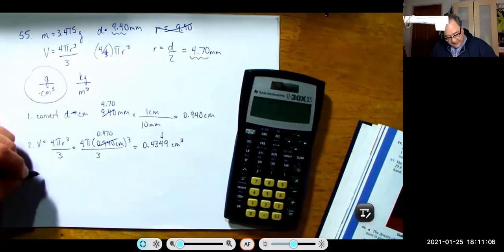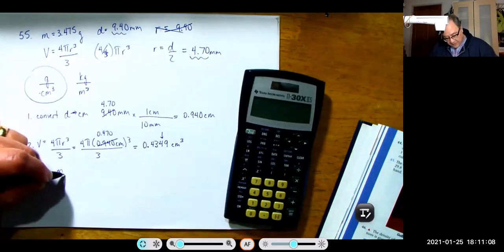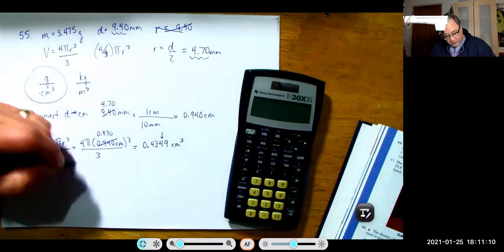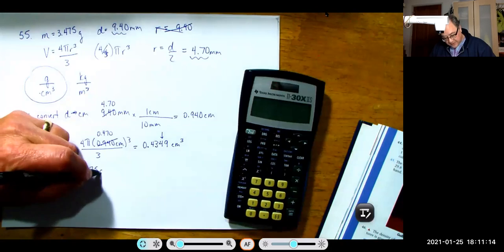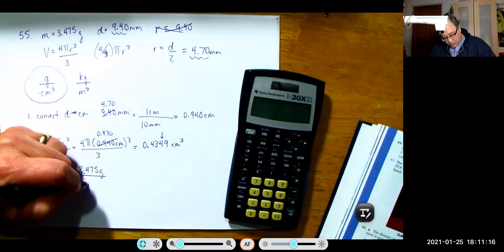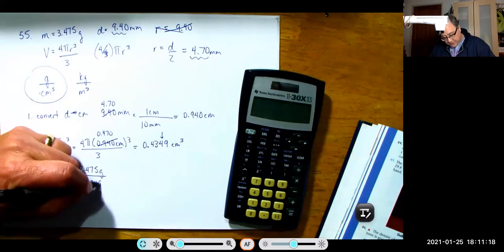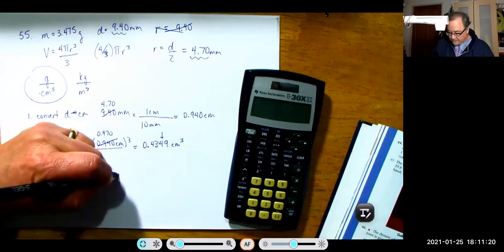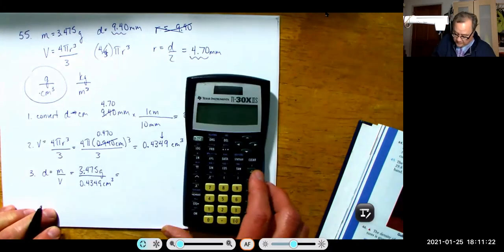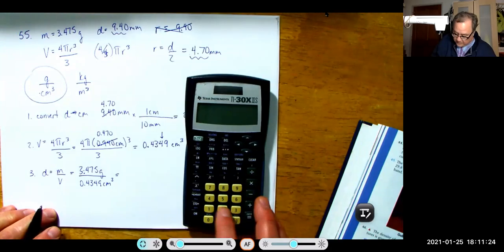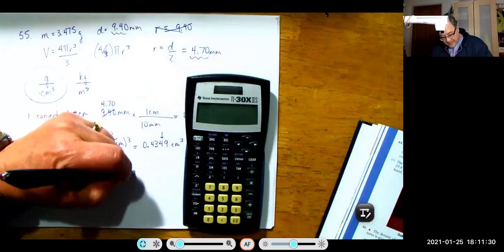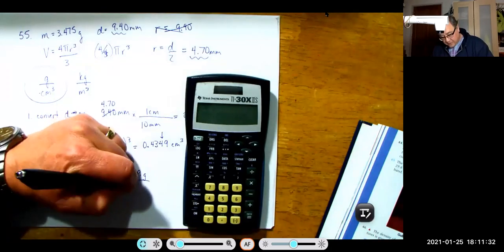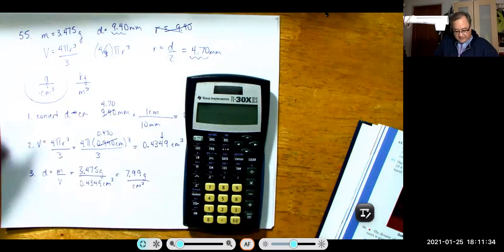And so finally, the density is mass divided by volume, which is 3.475 grams divided by 0.4349 centimeters cubed. And so I get 7.99 grams per centimeter cubed.